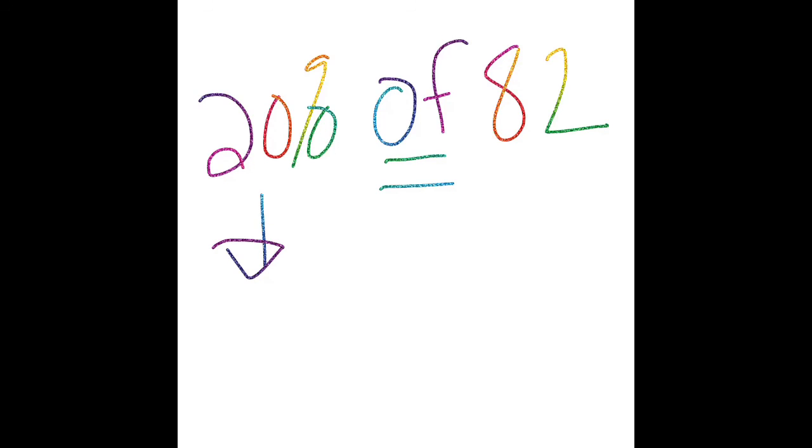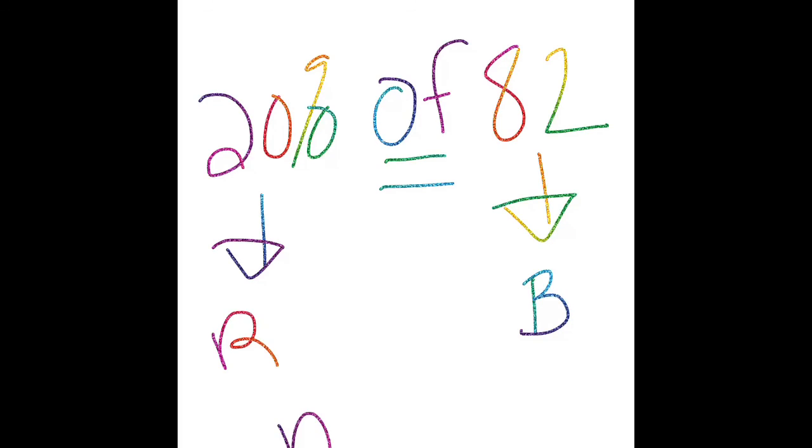So we have 20% of 82. This of is key. The rate and the base are going to go together. So this is the rate. And this is the base. We don't know the percent.